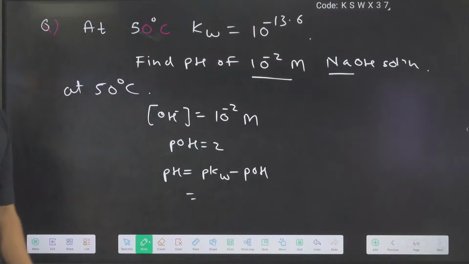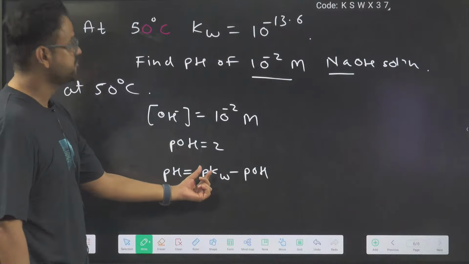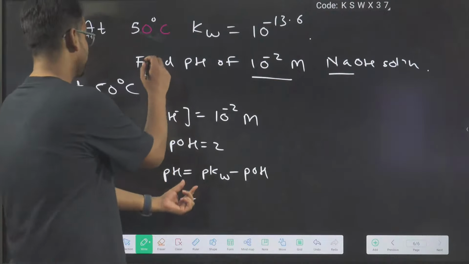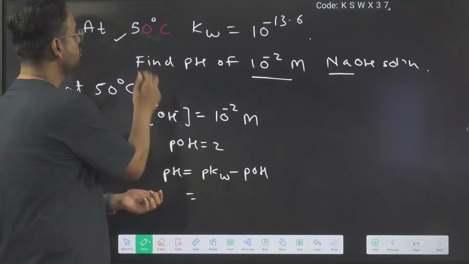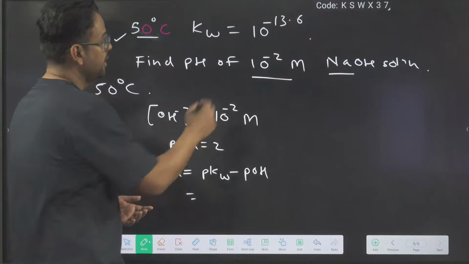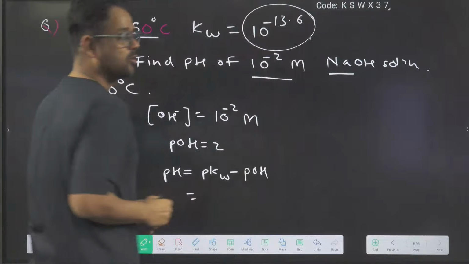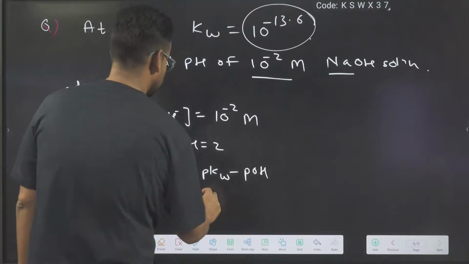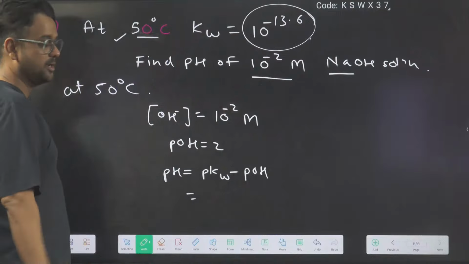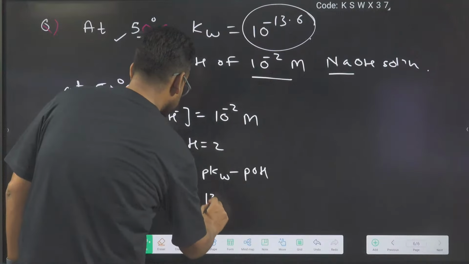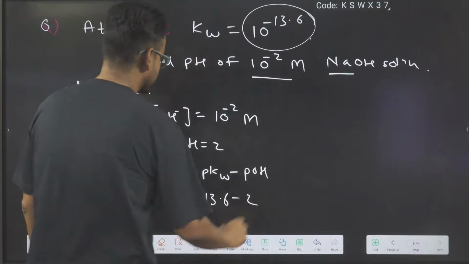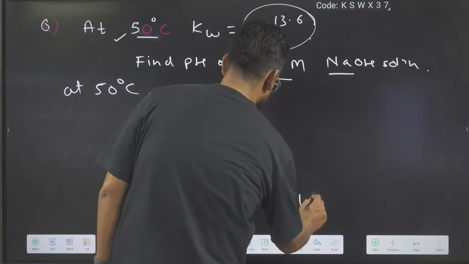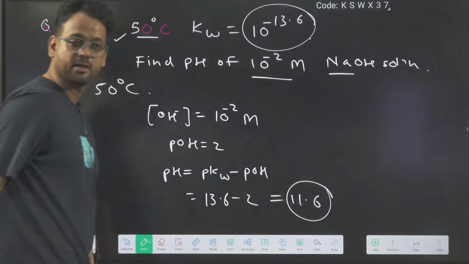Till now, you were putting pKw as 14, but that was at 25 degrees centigrade. Now you don't have 25, you have 50. And pKw at this temperature is how much, everyone? Kw is 10 to the power minus 13.6, so pKw is 13.6. 13.6 minus 2 is equal to 11.6. Very good. Well done. That is your answer.